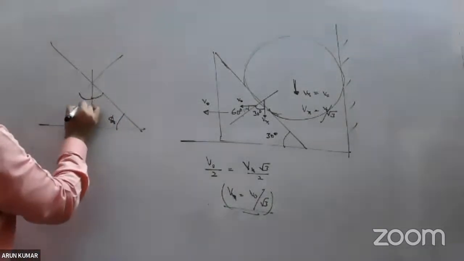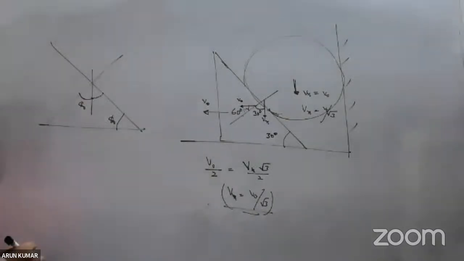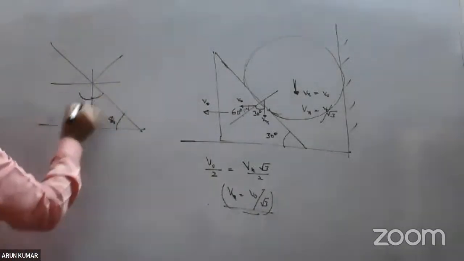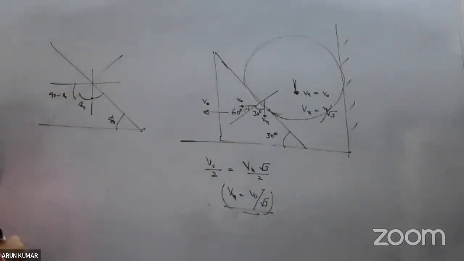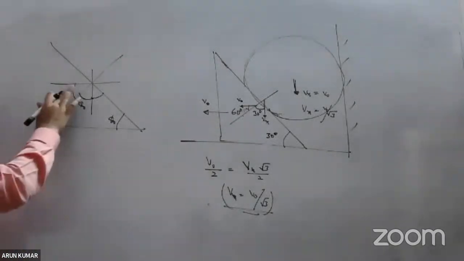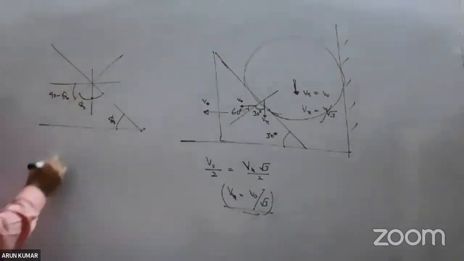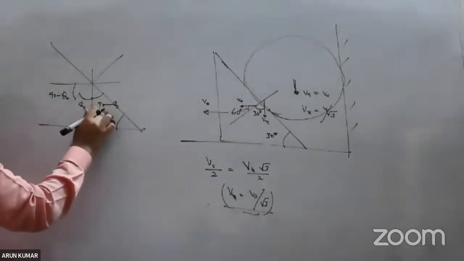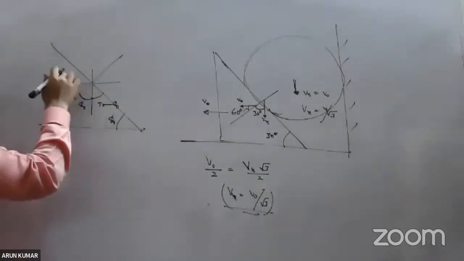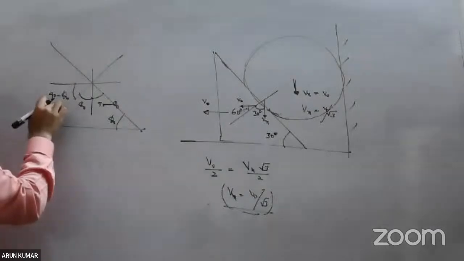If this is 90 minus theta, then this is theta. If this is theta, this again is 90 minus theta. Is it okay? If this is theta, this is 90 minus theta. If this is 90 minus theta, this is theta, because it's normal to the surface.